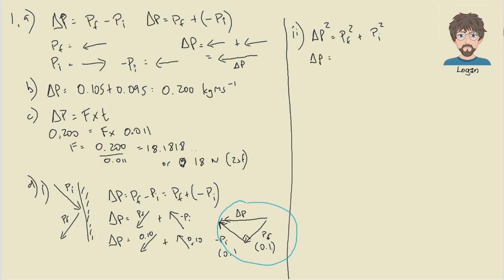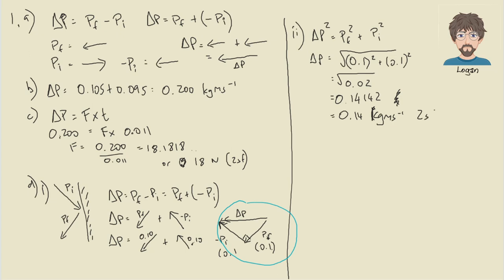Delta P equals the square root of 0.1 squared plus 0.1 squared, equals the square root of 0.02, which is 0.14142 or 0.14 kilogram meters per second to two significant figures.